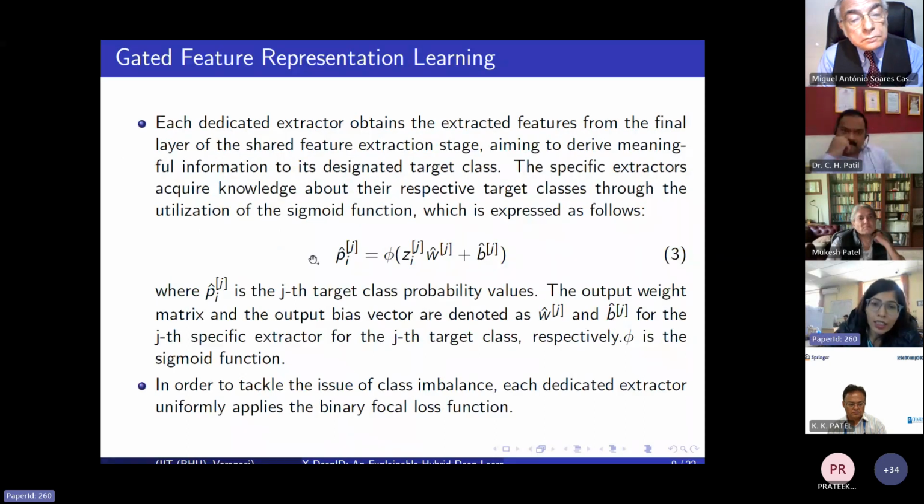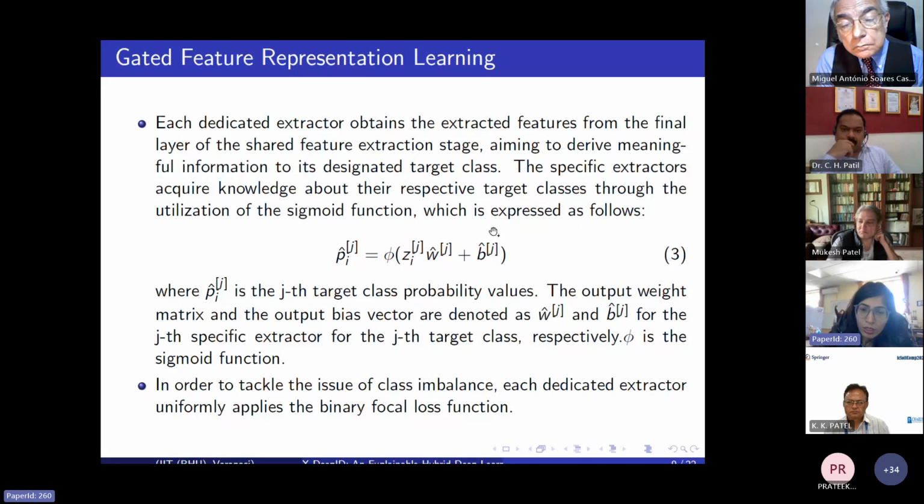Then each dedicated extractor obtains the extracted features from the final layer of the shared feature extractor. Then it extracts meaningful information for its designated target class, and the specific extractor acquires knowledge about its respective target class through the utilization of the sigmoid function. So here the probability is calculated using this.